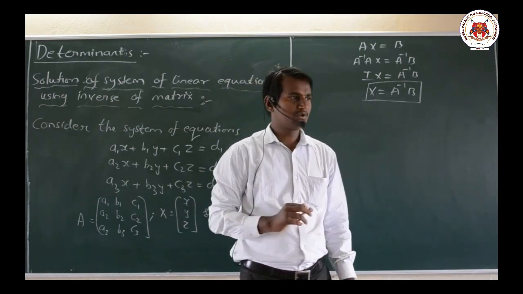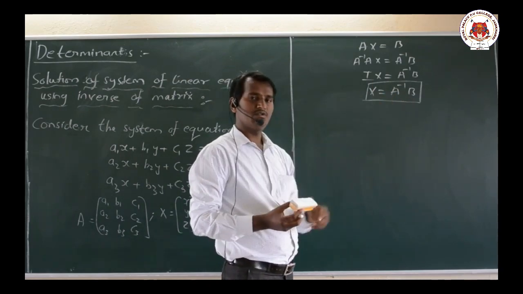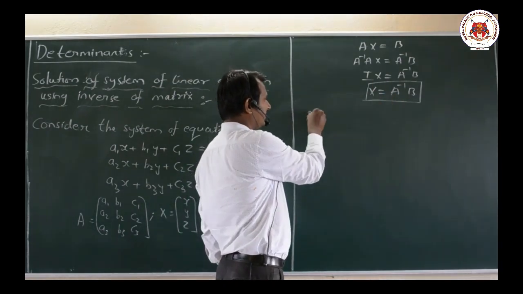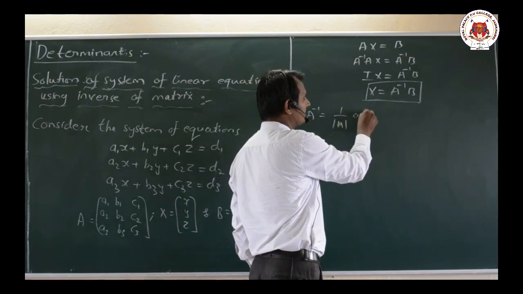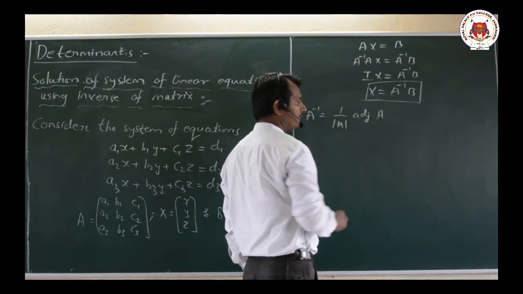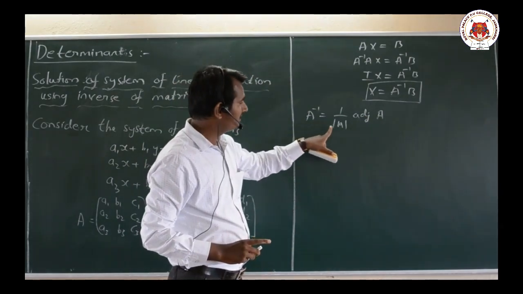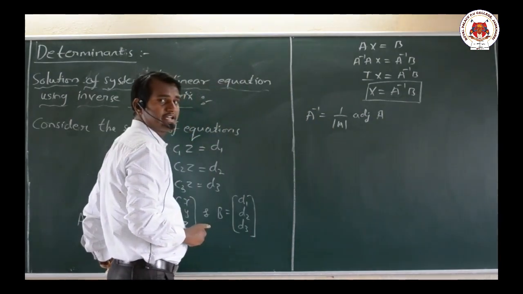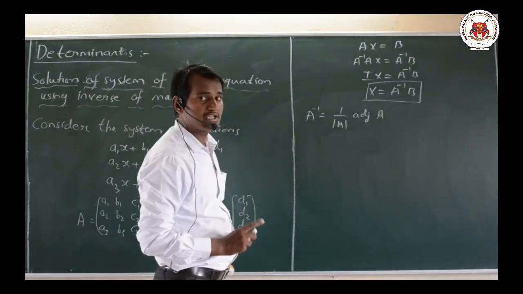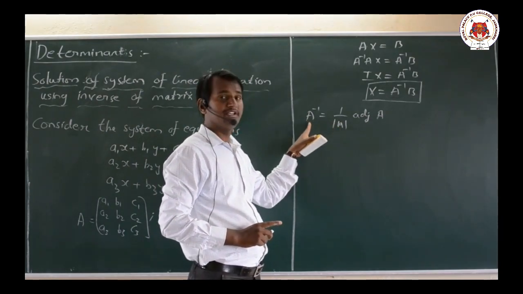And one more point regarding A inverse. A inverse equal to 1 divided by determinant of A into adjoint A, as we discussed in the previous session. If the matrix A provided here is singular, which means determinant of A equal to 0, then we can't find the A inverse.